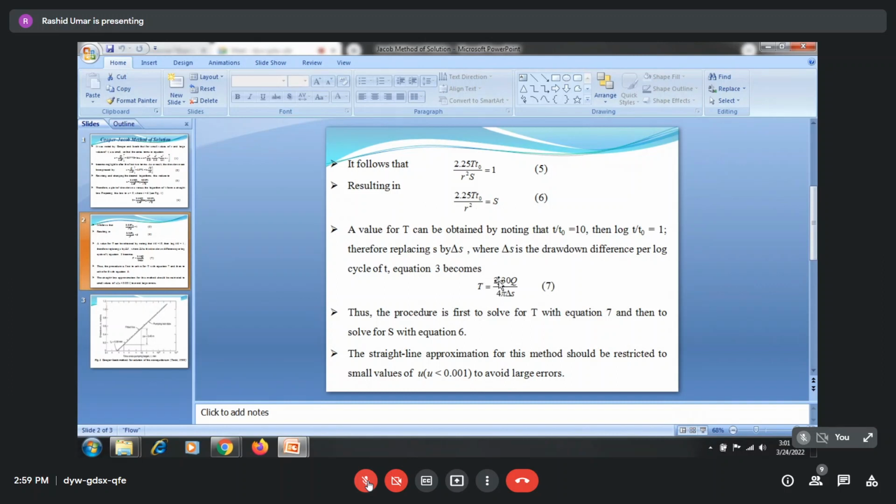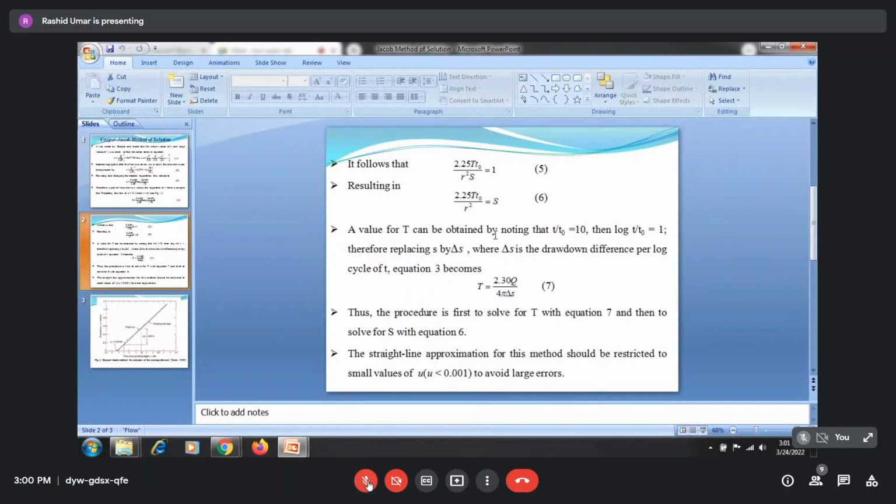T is equal to 2.3Q / 4πΔs, where Δs is the drawdown difference over a log cycle. Explanation is written; I've simply taken all this from Todd's book. Nothing is new here.